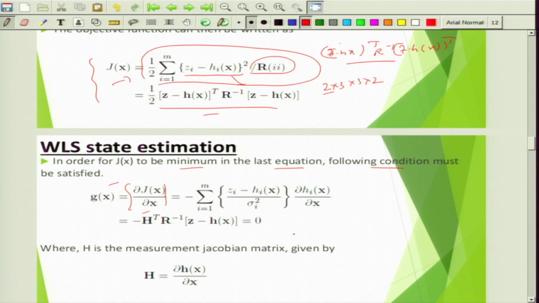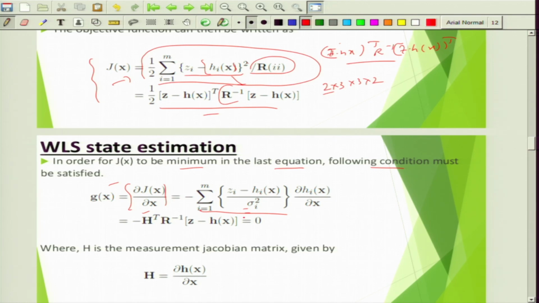Differentiating the one half into the squared term, the 2 gets cancelled, and you get (Zi minus hi of x) divided by sigma square, where R inverse is 1 by sigma square, multiplied by dou hi of x by dou x, because you are differentiating the inside term again. So you will get this matrix.